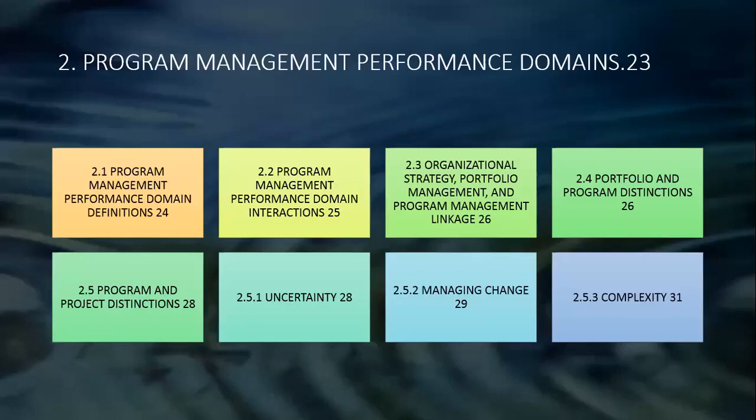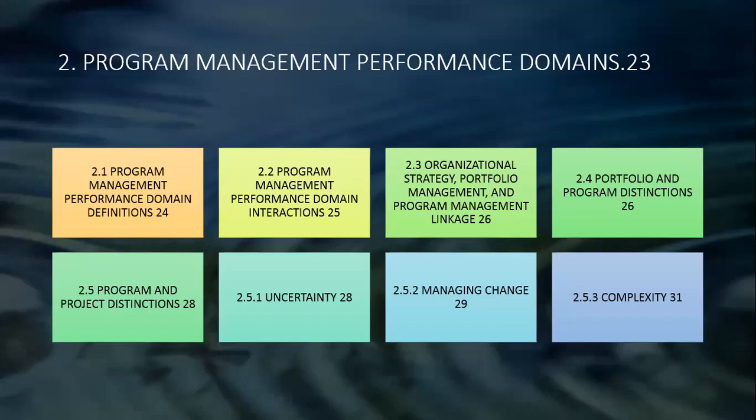Now, uncertainty could be said to be in economies of scale. In the world of project management, you pretty much have a fixed idea of where you're going. For those of you following, we're on page 28, talking about 2.5.1. And when we talk about uncertainty on projects, we pretty much understand the gamut of uncertainties after a while.